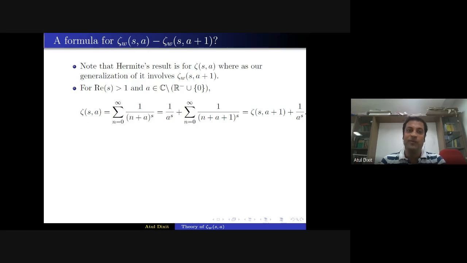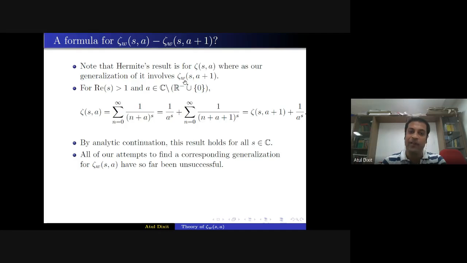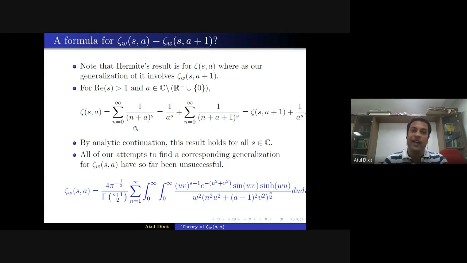So of course, one wants to try to see what one could get for this general zeta function. Unfortunately, all of our attempts at getting a relation or expression for this difference have proved to be unsuccessful so far. One reason why this looks to be a tough problem is because you see here how easily the a parameter was here.